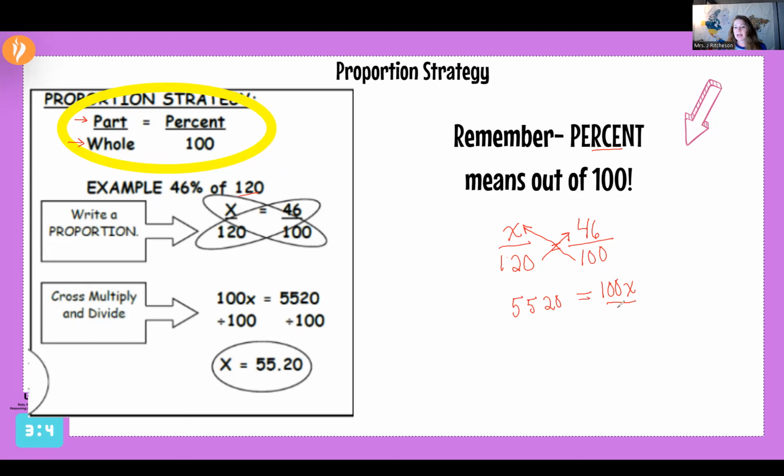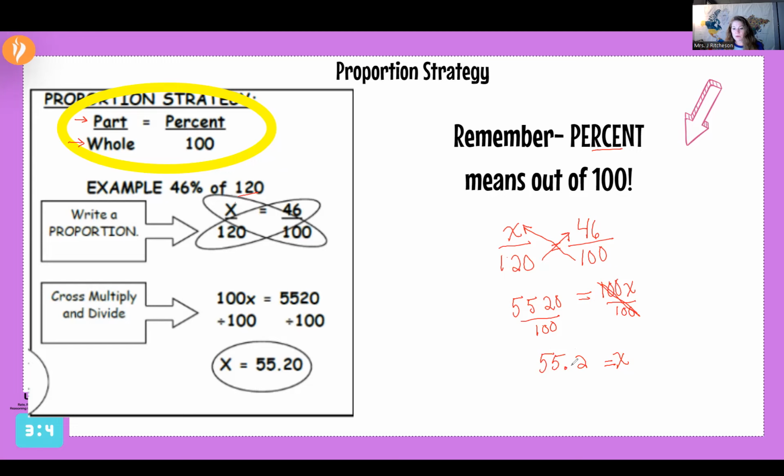So we are going to divide both sides of the equal sign by 100. 100 divided by 100 is 1, and 1 times x is x. And then with our calculator, we're going to divide 5520 by 100, and we get 55.2. And that's our answer.